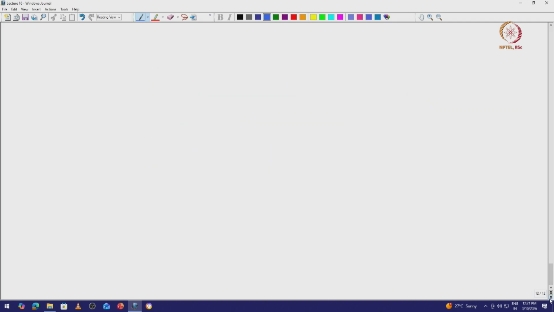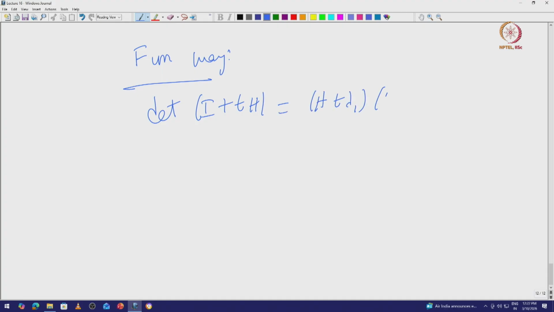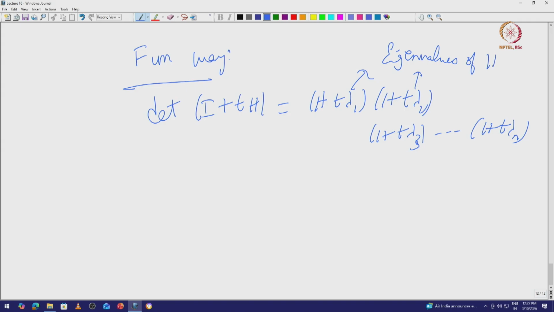Here is another fun way to do it, a more elegant way if you wish. If you take a look at this determinant, this is simply the product of its eigenvalues. The determinant of a matrix is the product of its eigenvalues, and indeed these are the eigenvalues of H, right?